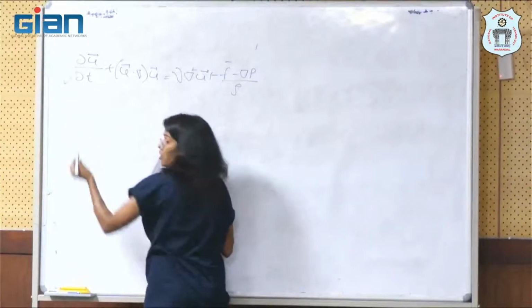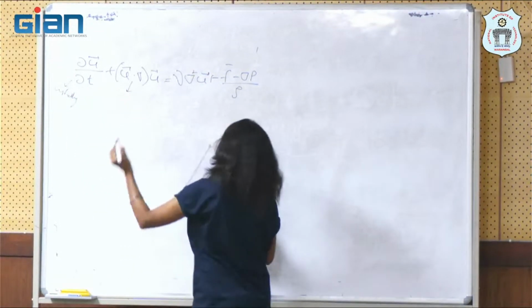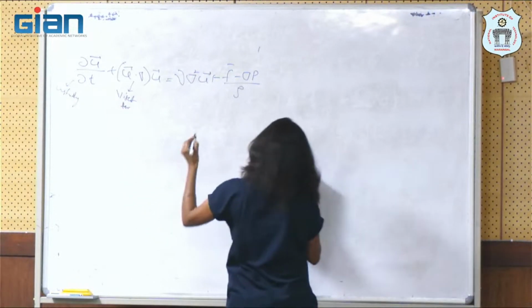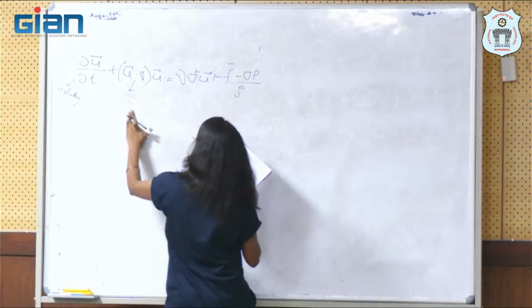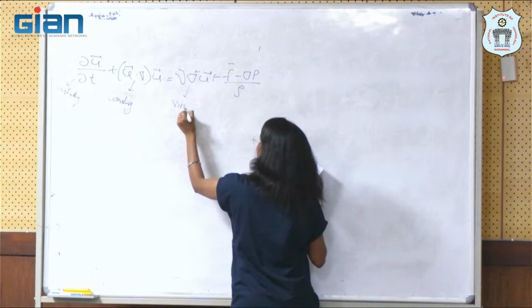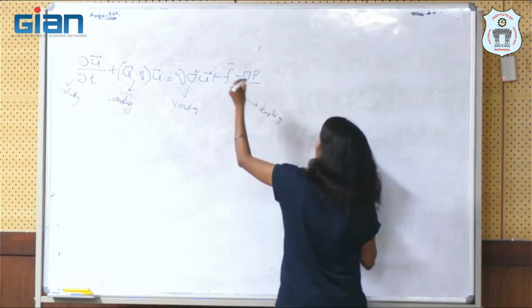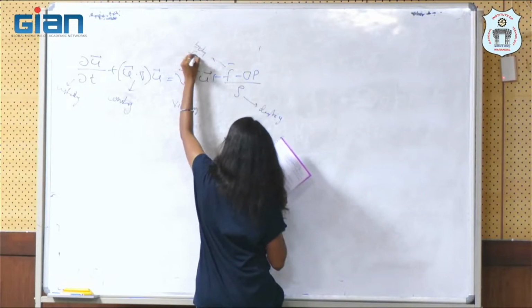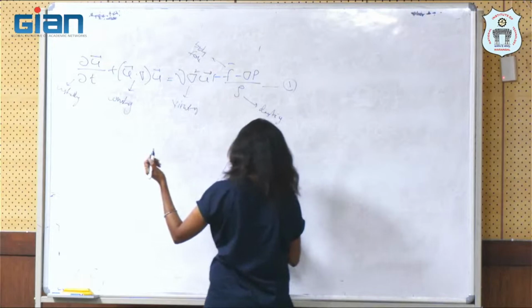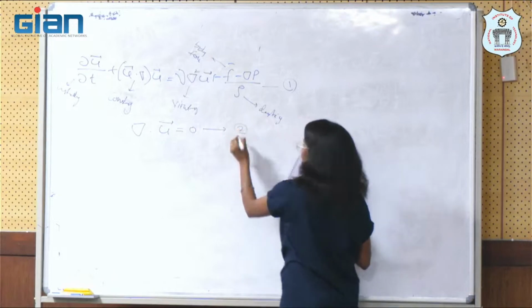This is the unsteady term, this is the convecting term, and this is the viscosity term, and this is density. This is the body force. This is my equation 1, the momentum equation, and the second one is the continuity equation, equation 2.